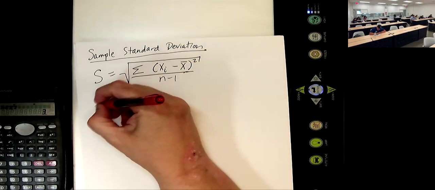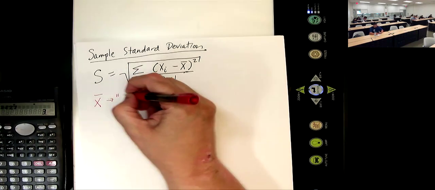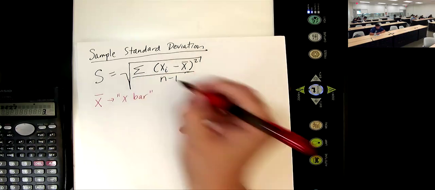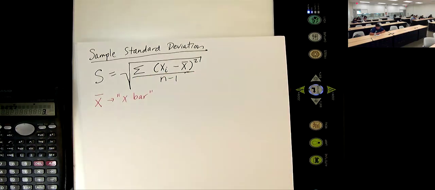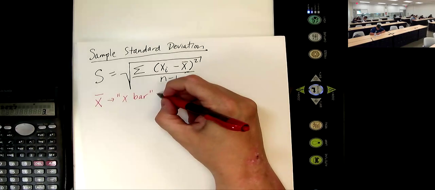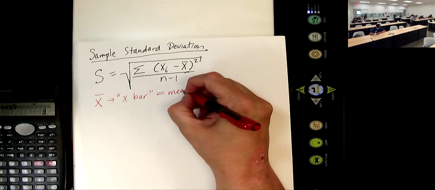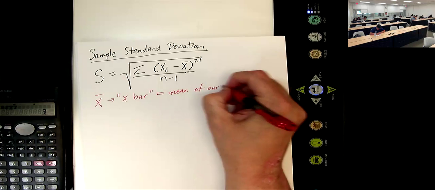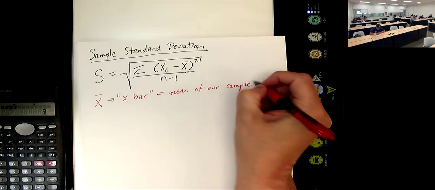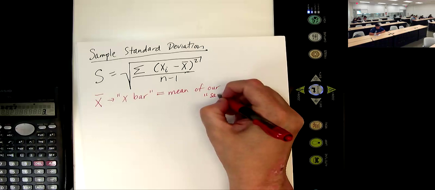The x with the bar over it, we actually call it x bar. This is the mean of our sample, usually just called the sample mean.